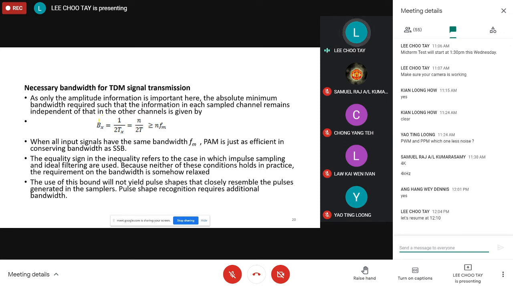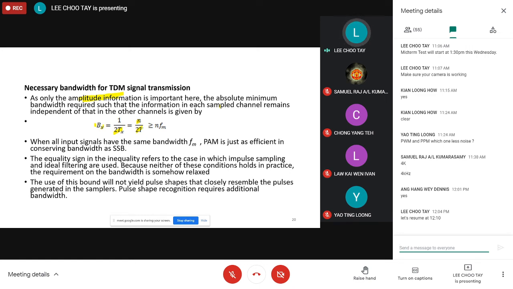Again, for PAM, only the amplitude information is important, right? So the absolute minimum bandwidth required such that the information in each sample channel remains independent of the other one is given by this. The bandwidth is 1 over 2Tx. And replacing Tx with T over N, your bandwidth is N over 2T.